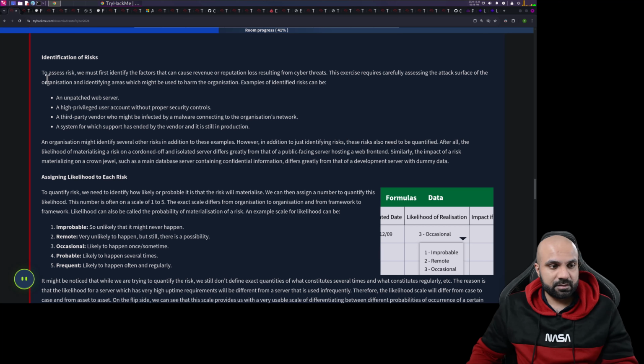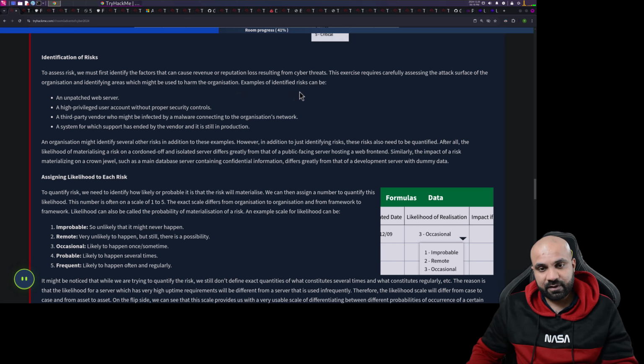Identification of risks. To assess risk, we must first identify the factors that can cause revenue or reputation loss resulting from these cyber threats. This exercise requires carefully assessing the attack surface of the organization and identifying areas which might be used to harm the organization.